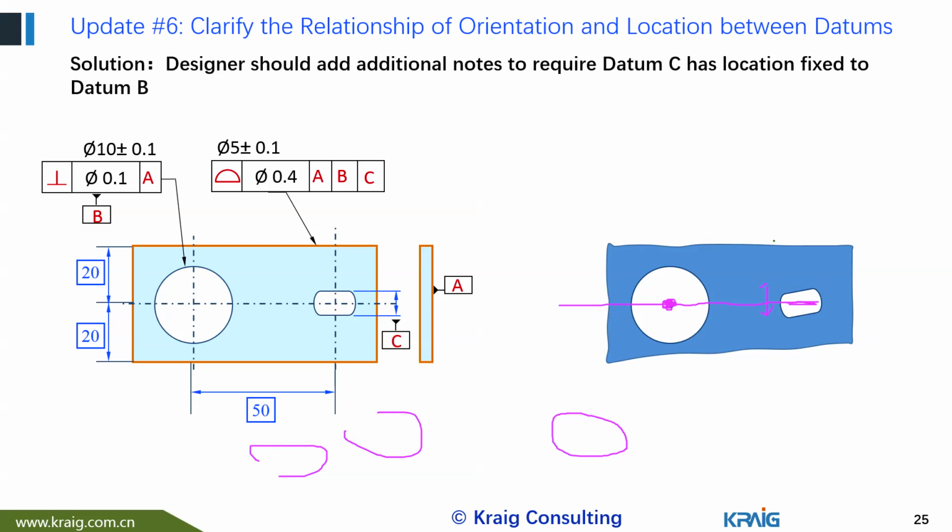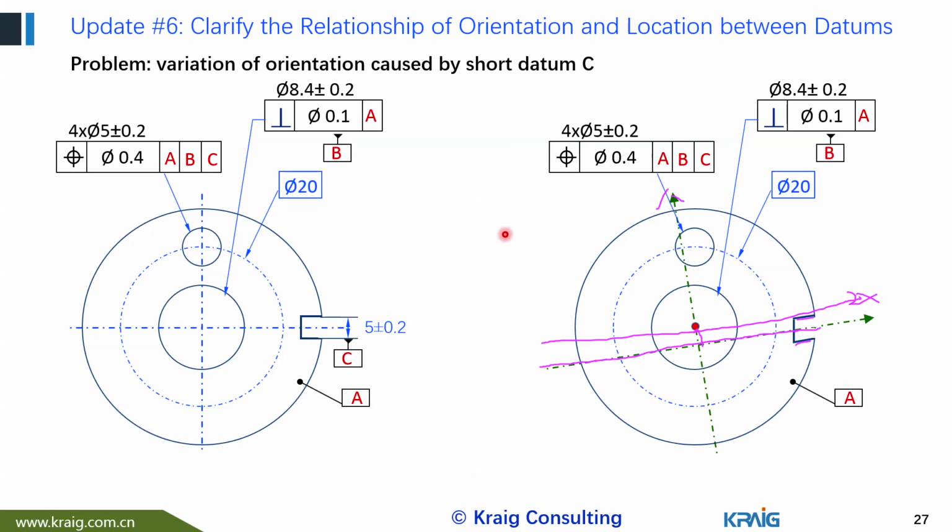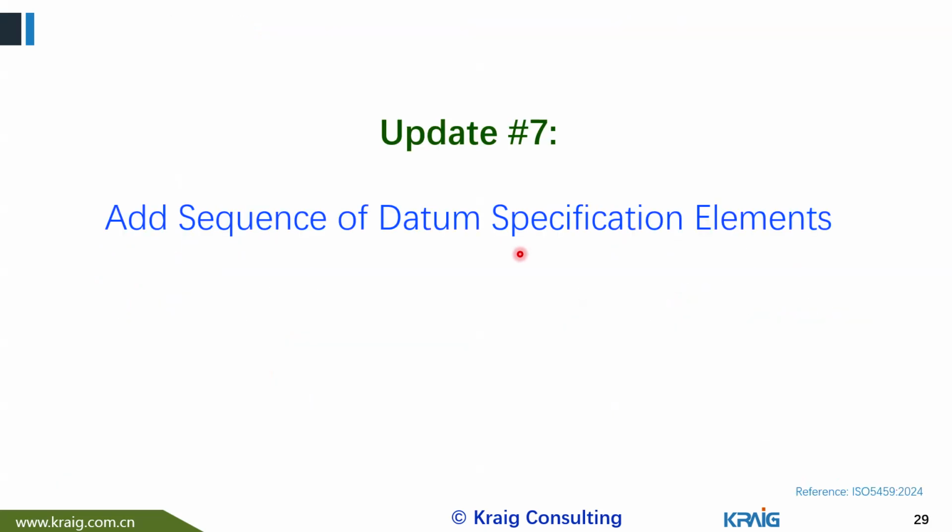Okay. So we have explained this number 6, as we said, is pretty important for us to understand the relationship between the datum A, B, C. Update number 7, this is pretty good.